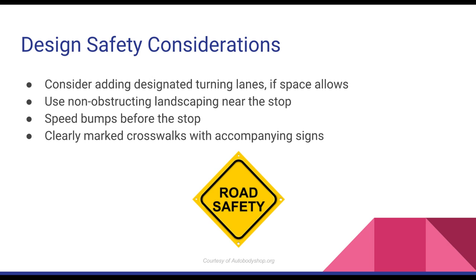So some things to consider is, of course, the addition of a designated turning lane for left turns, if the space allows it on the road. I know not all roads have the room for it, but if the space allows it, like I said before, having a designated turning lane really takes a lot of the guesswork out of judging the intent of other vehicles and what they're trying to do.